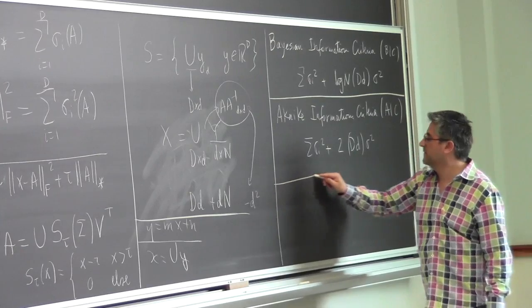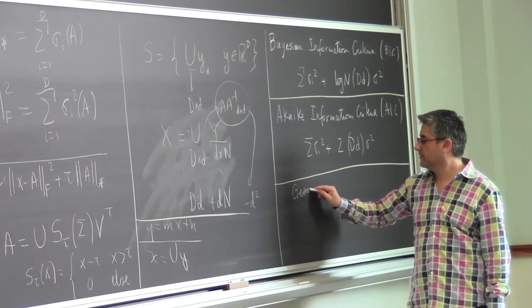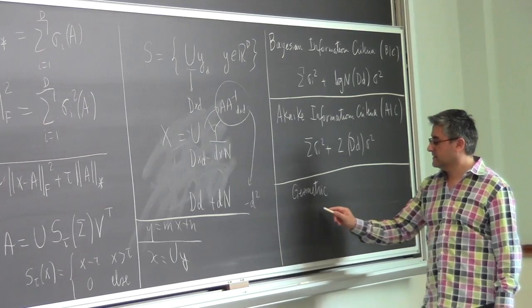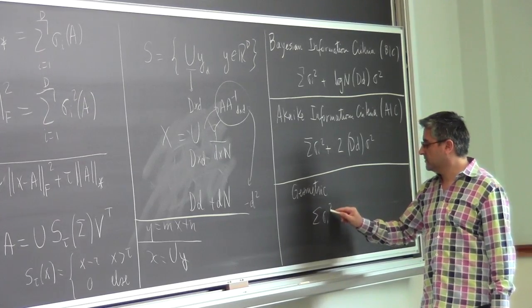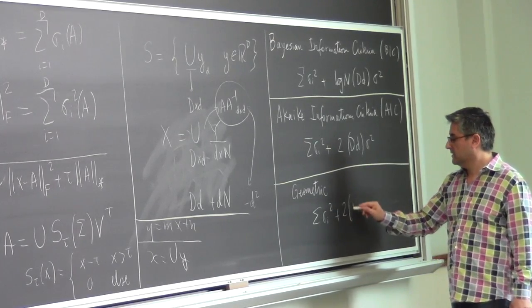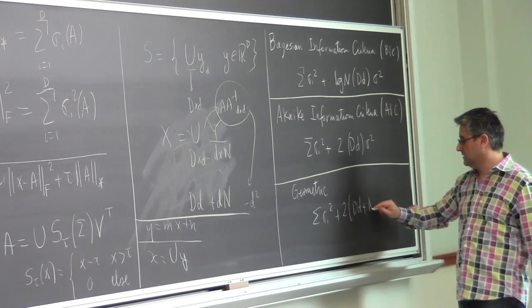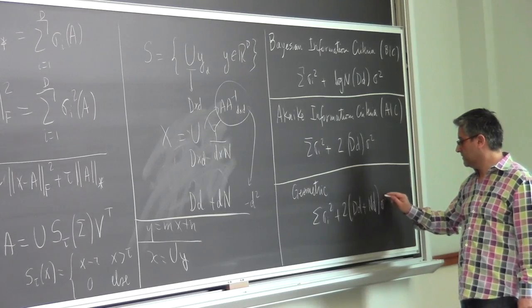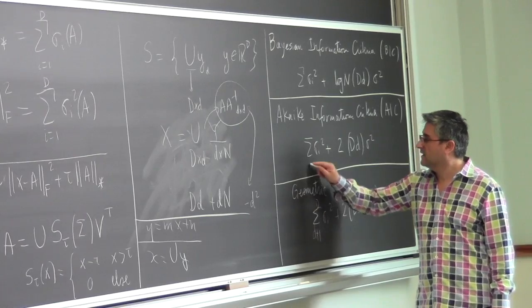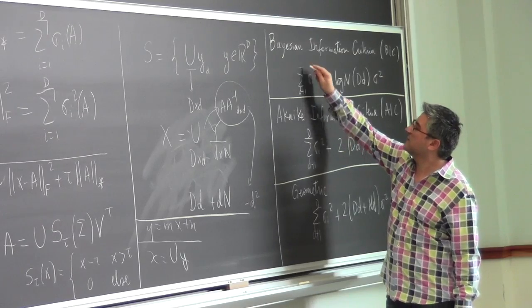And the last one is the geometric version. And that is the sum of sigma i squared plus 2 times d times d plus n times d.